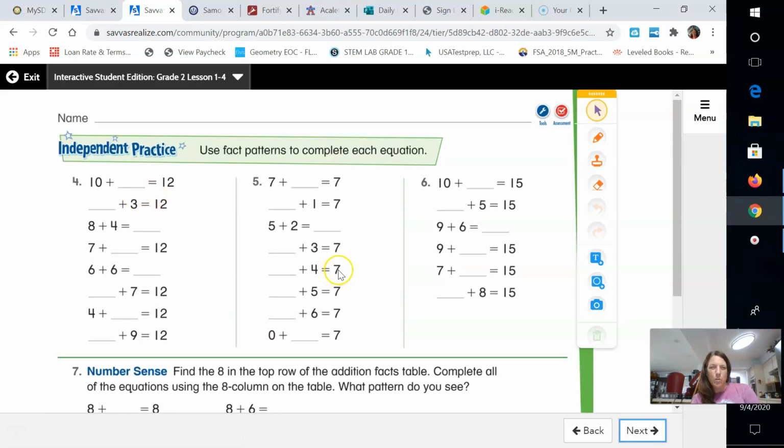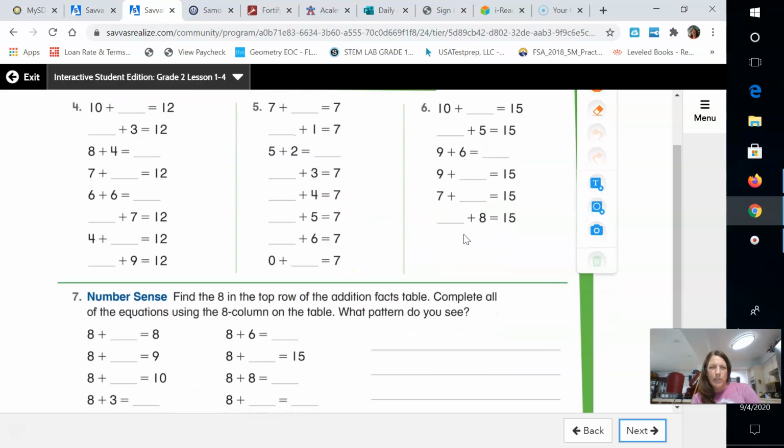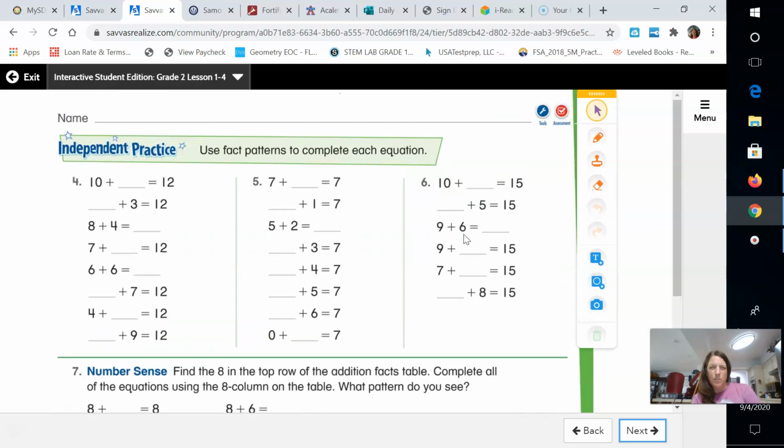And then here's some more. Now, tricky, because you don't have your addition table. However, if you figured out the pattern, you'll see that you don't need your addition table anymore to figure these out.